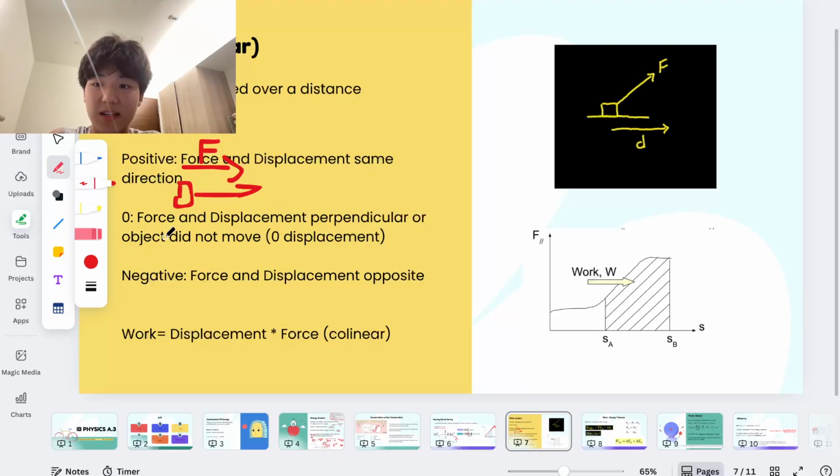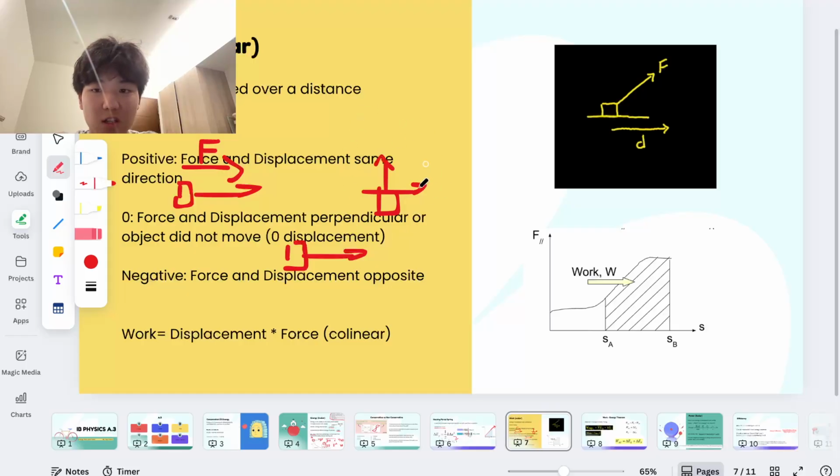Zero work is achieved when the force and displacement are perpendicular, or you push a box but it doesn't move.